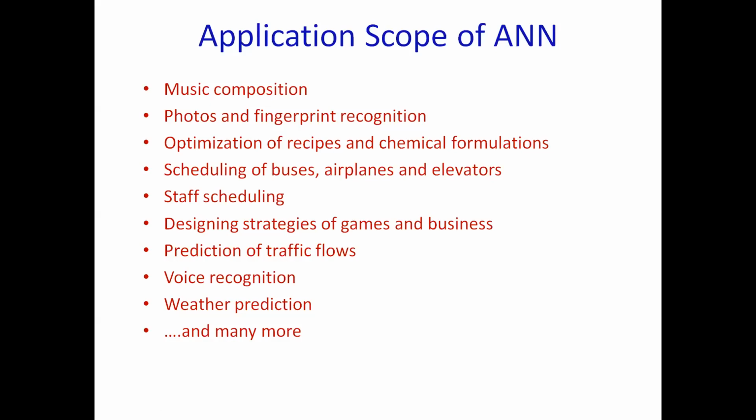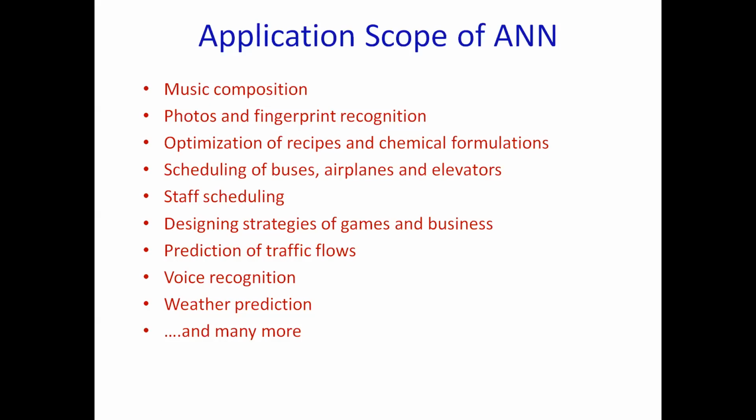Now, optimization of recipes and chemical formulations is also possible, based on the predicted outcome of a formula change. And then scheduling of buses, airplanes, and elevators could be optimized by predicting demand.